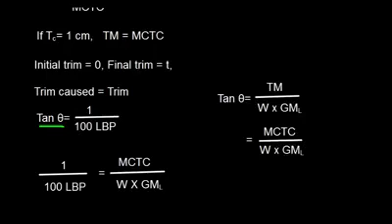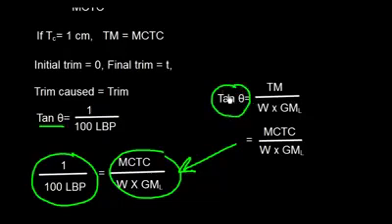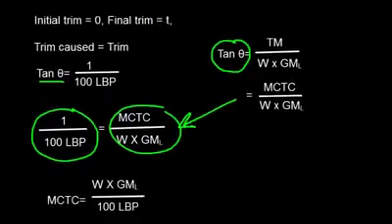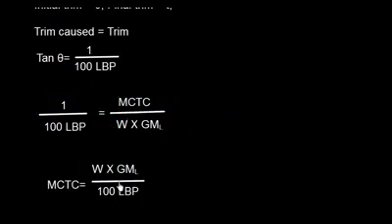So this tan theta is equal to this tan theta. All I need to do now is just equate, and I get this relationship where MCTC is W into GML divided by 100 into LBP, and that's a very useful formula.